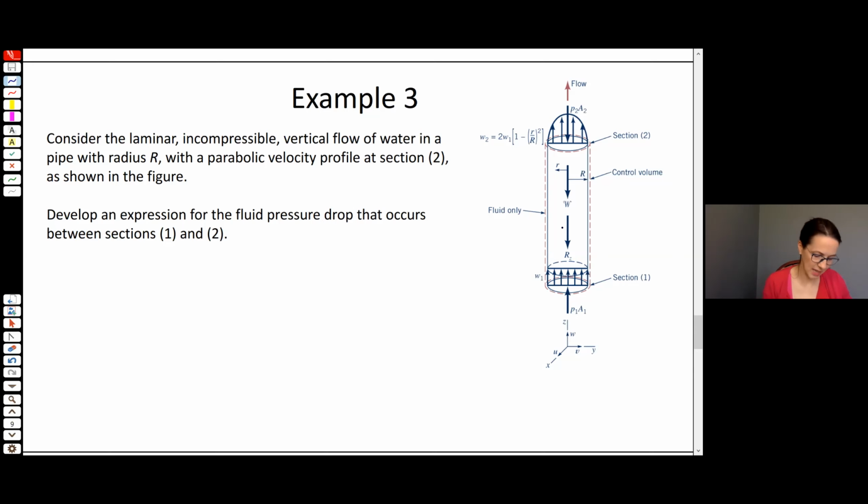So let's just set this up. Again, we're going to use, of course, conservation of linear momentum. In the last problem, we used the X and Y components. Now we're going to use just the component along the axis, and if you look at the coordinate system here, that's the Z component.